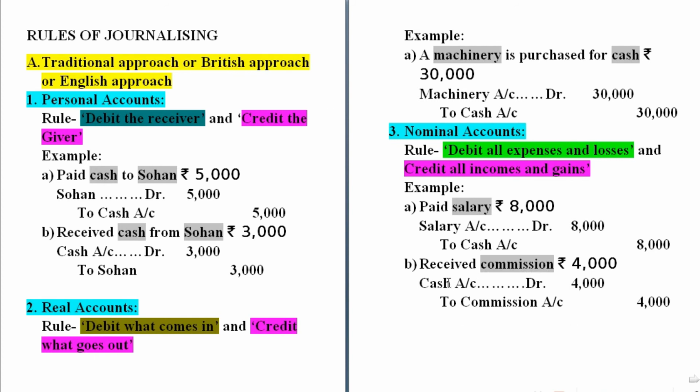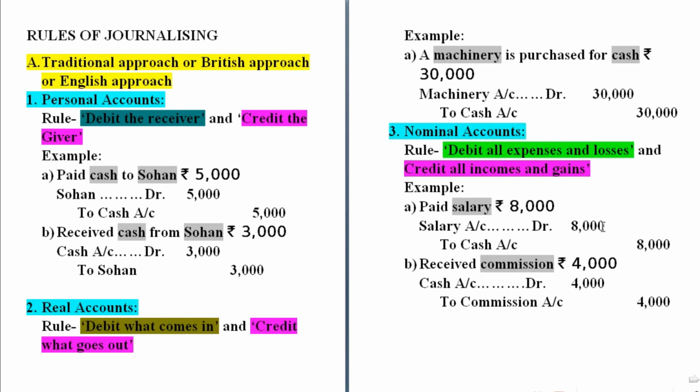Here again cash is coming from real, commission is coming from nominal. Salary, nominal, expense, debit. Cash, real, goes out, credit. Cash, real, comes in, debit. Commission, nominal, it is income, credit.